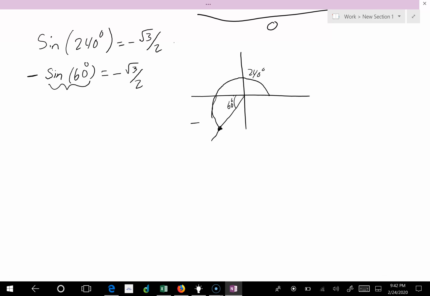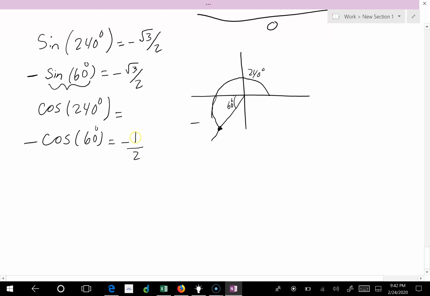Okay, same thing with the cosine of 240. You would say it's the same thing as cosine of 60, and that is also negative in the third quadrant. Cosine 60 is 1/2, so negative 1/2.